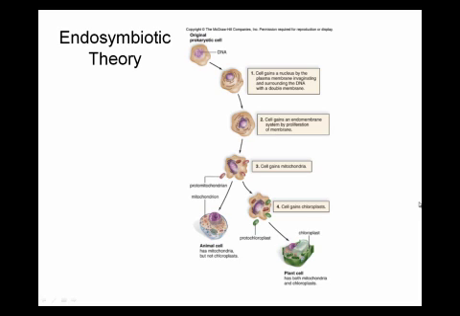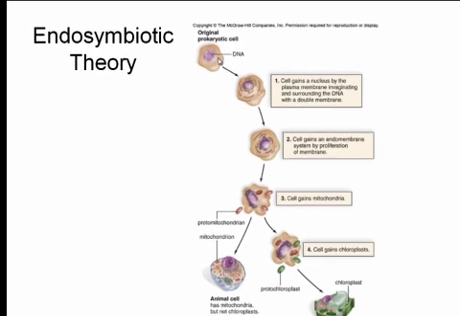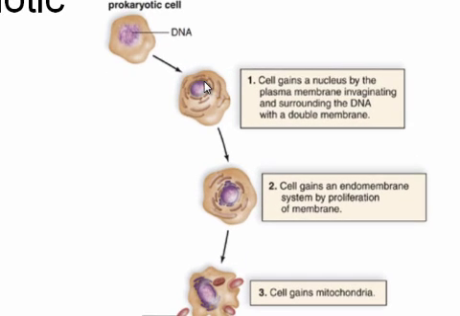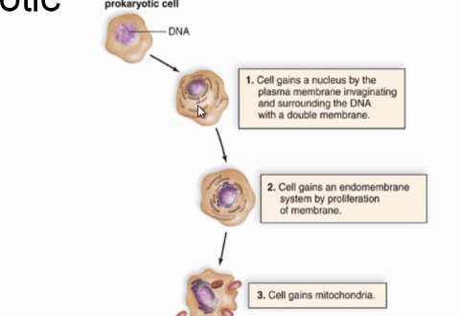If we look back at the fossil record, we believe that the first cells were, in fact, prokaryotic cells, simple bacteria and archaea cells, and that eukaryotic cells evolved from prokaryotic cells. One of the first things that may have happened, there may have been some invagination of the plasma membrane that surrounded the DNA.